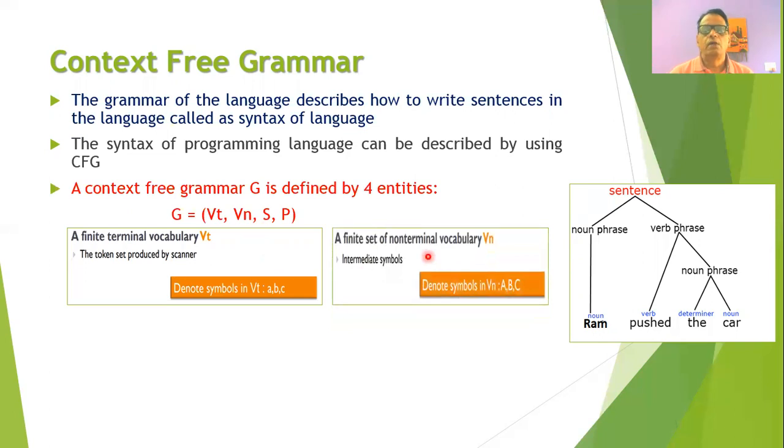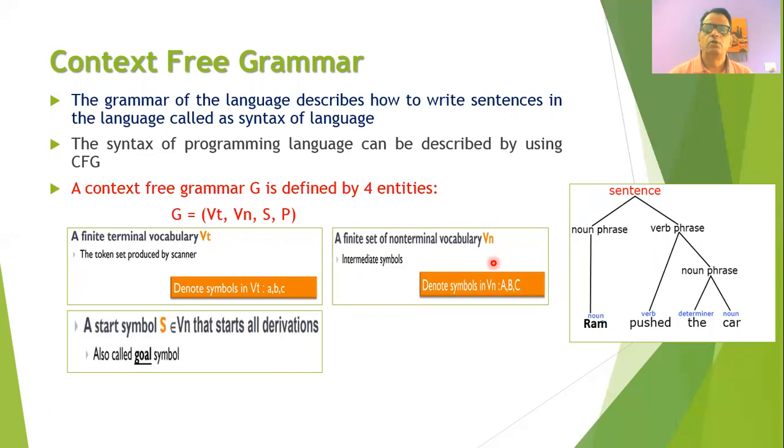Also, the grammar will consist of a certain set of non-terminal symbols, VN. The non-terminal symbols are the intermediate symbols. Non-terminal symbols are those symbols for which further derivation is possible. For example, non-terminal symbols can be represented by capital letters such as A, B, and C.